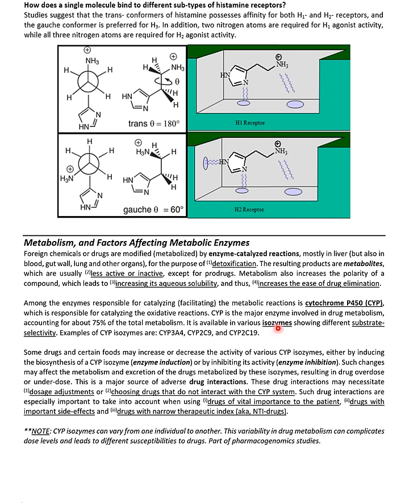Cytochrome P450 is an enzyme, but it is available in different forms. We call them isozymes, and these isozymes have different substrate selectivity. The term substrate means anything that binds an enzyme. So these isozymes would have different selectivity to different substrates.